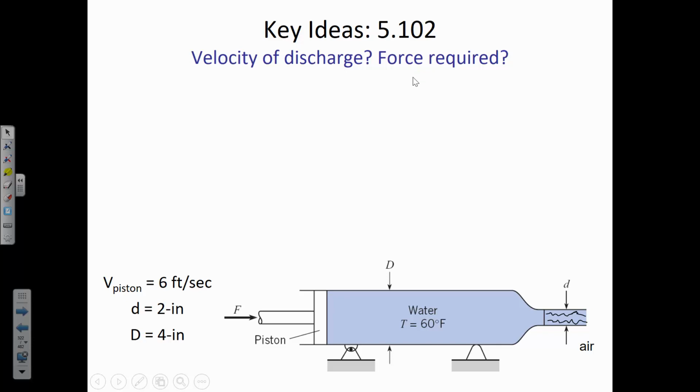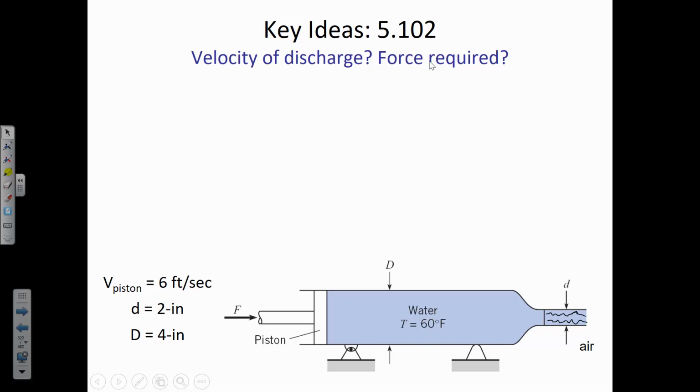Now for problem 102, this one's tricky. And it all depends on you knowing that when the water comes out of a nozzle, the jet no longer has any pressure. That if we apply Bernoulli's equation between the water in that jet and the water inside of this, it's like a syringe. Think of this as a big syringe, like a hypodermic needle kind of a thing, except the water's just shooting out.